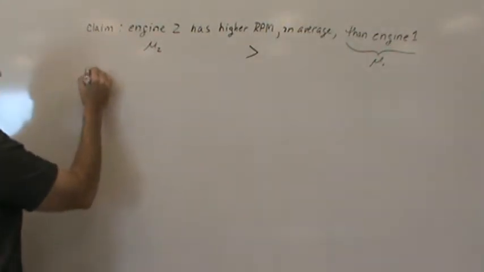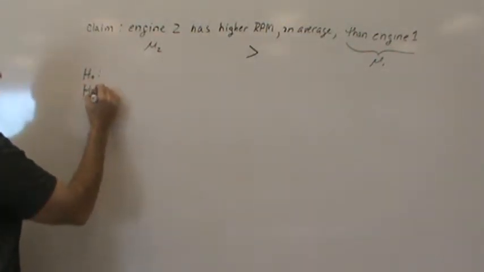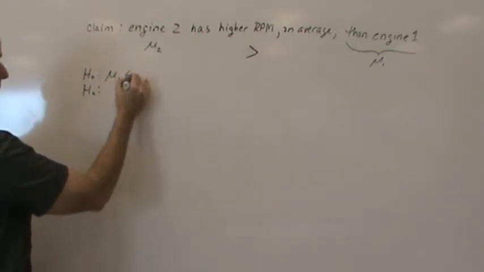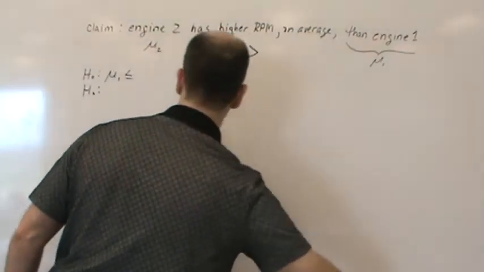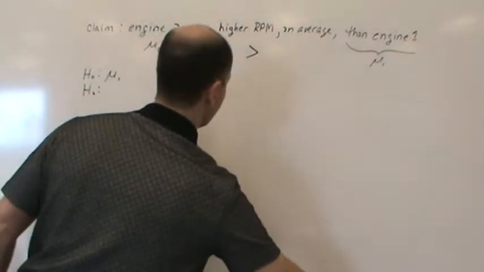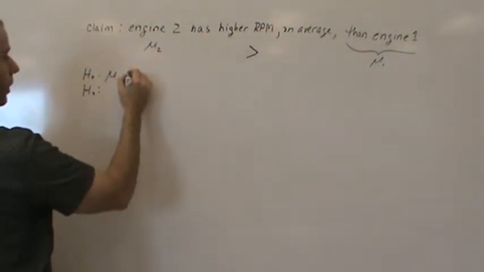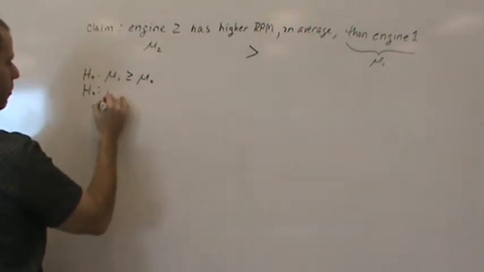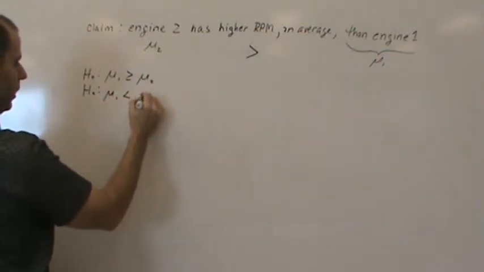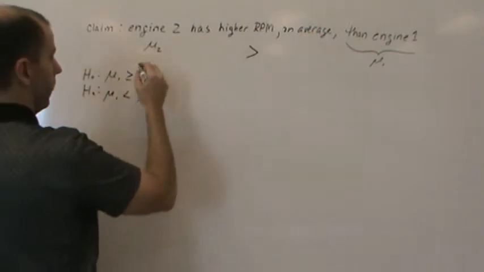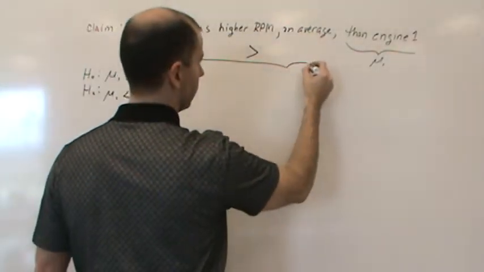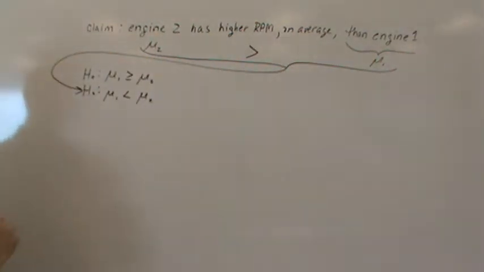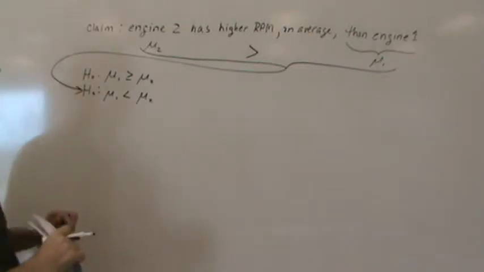So with that in mind, our null and alternative hypotheses will be mu1 is greater than or equal to mu2 versus mu1 is less than mu2. So right here, just so you see this, this is the same as that, right? So make sure you see that.